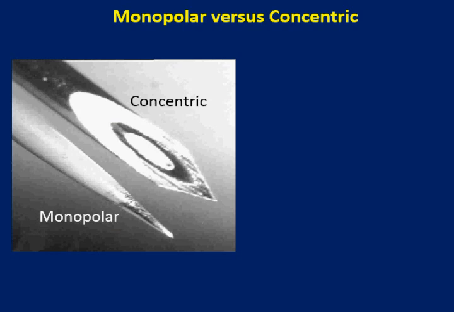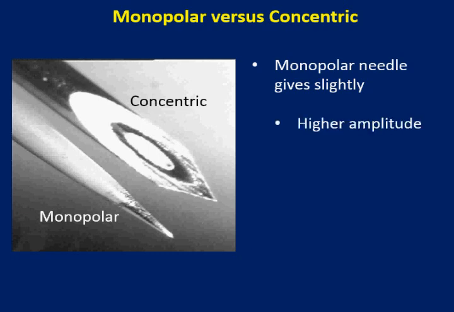The recording surface of the concentric and monopolar needle are compared. Due to differences in the geometry and area of the recording surface, we do expect some differences in the signals recorded by these needles. Quantitative analysis of motor-unit potentials and interference pattern shows that monopolar needle gives slightly higher amplitude motor-unit potentials.